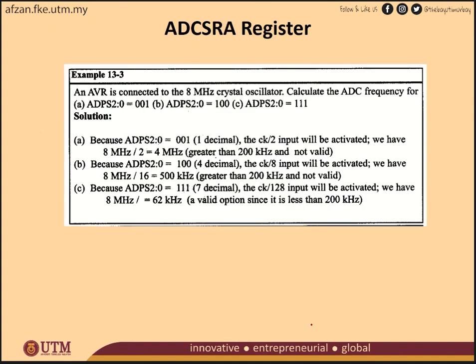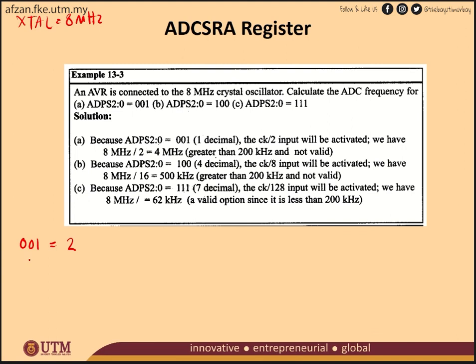Okay, let's look at some examples. The AVR is connected to an 8 MHz clock, so the external frequency is 8 MHz. Calculate the ADC frequency for ADPS 001, ADPS 100 and ADPS 111. First, let's look at 001 of ADPS. Here you use a prescaler of 2.